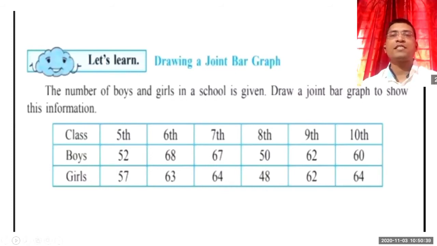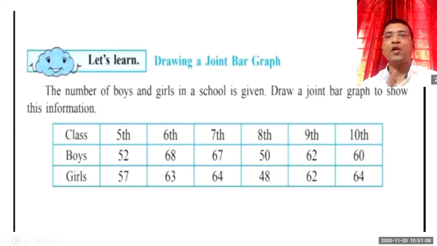On sixth standard, there are two columns of the joint bar graph: the first column of 68, then the second 63. In the same way on the 7th standard, draw a column till 67 and a second column till 64. On the 8th standard, draw columns till 50 for boys and 48 for girls.